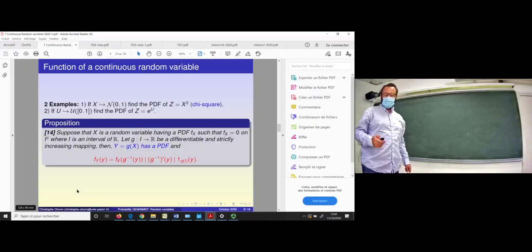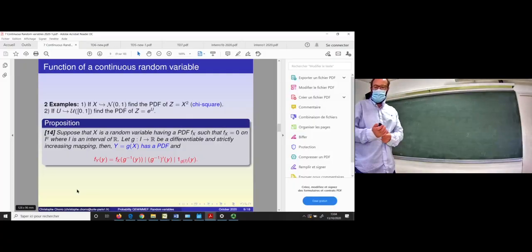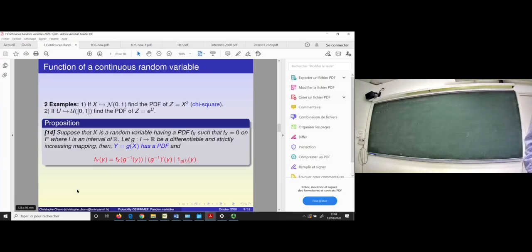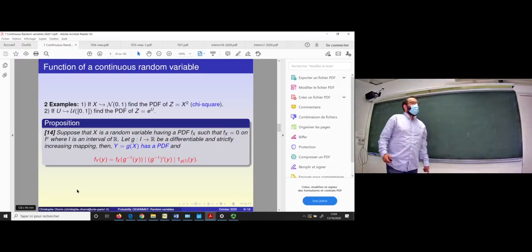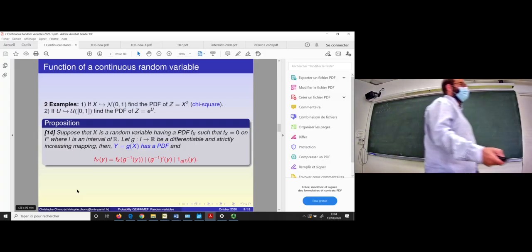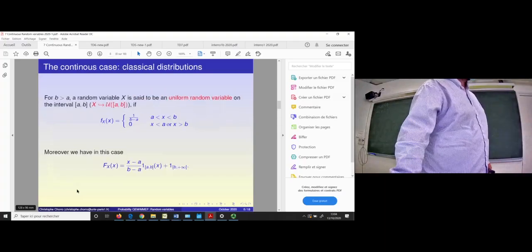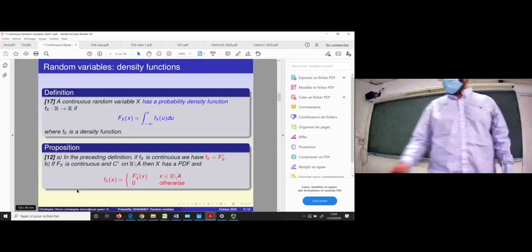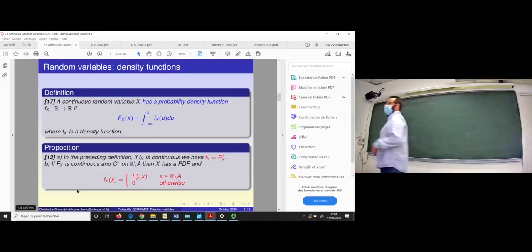The idea is to use this kind of result here that allows me to deduce the density function from the distribution function.